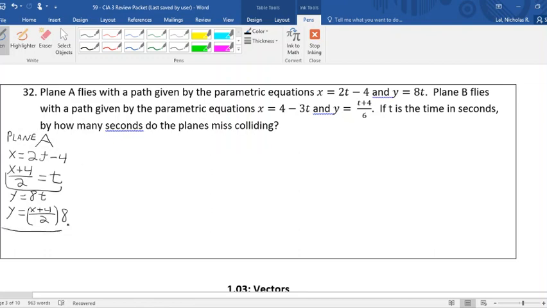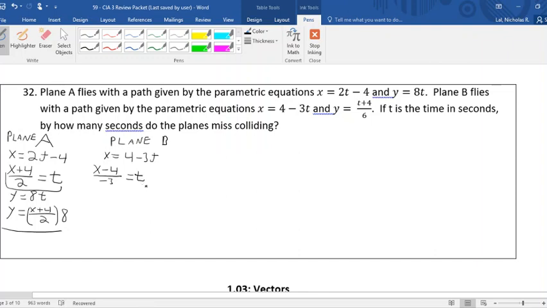For plane B, x is equal to 4 minus 3t. So (x minus 4) divided by negative 3 is going to be equal to t.